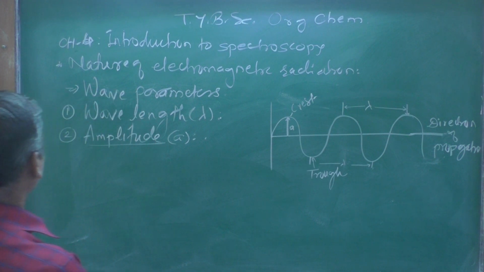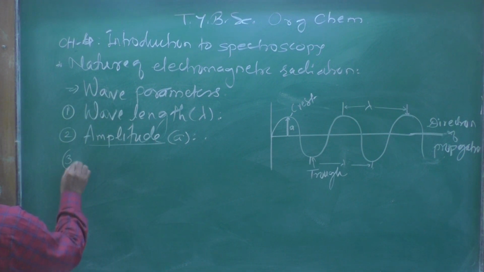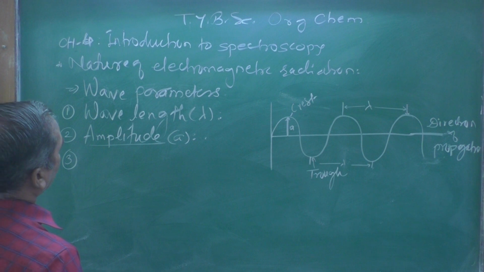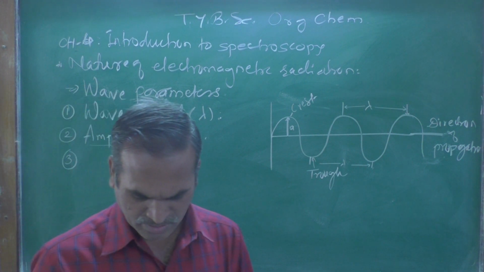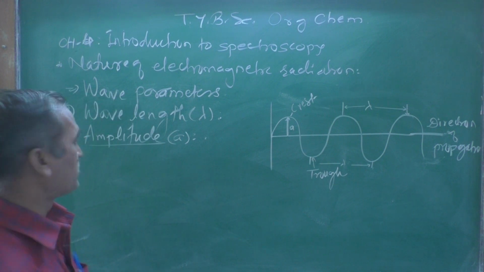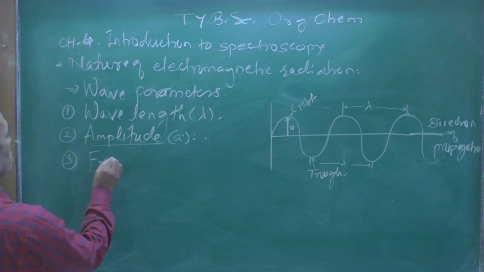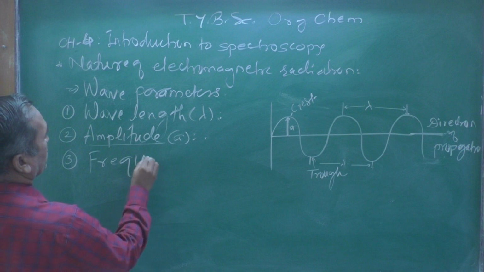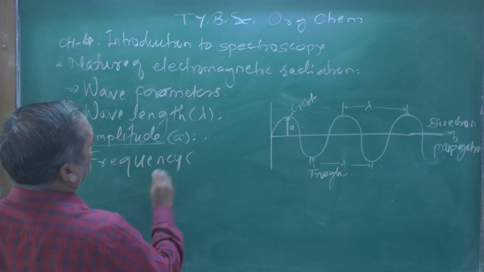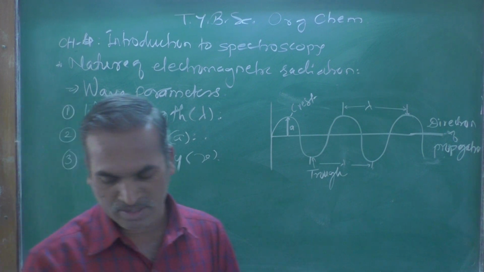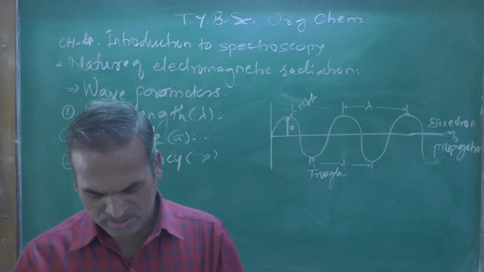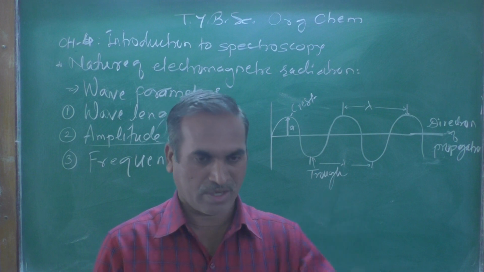Now let us discuss the third wave parameter, which is the frequency, and that frequency is represented by the symbol mu. So this is the symbol represented for frequency.